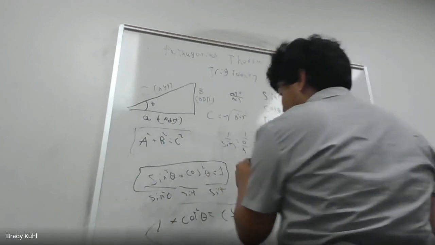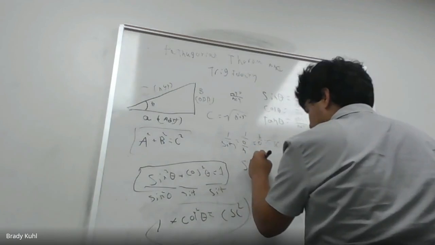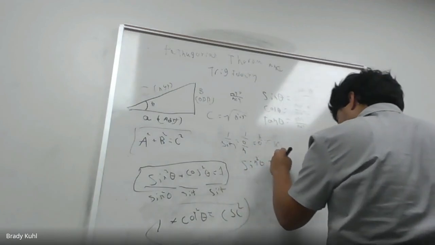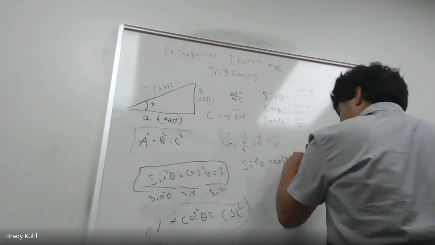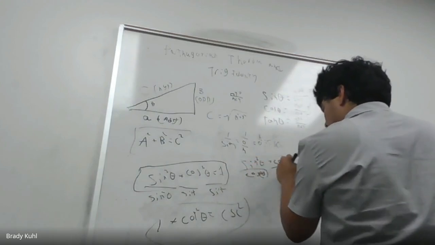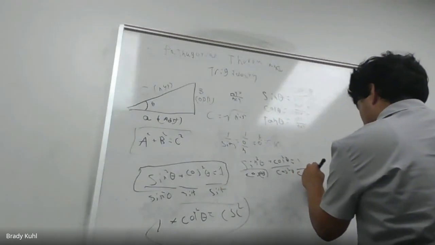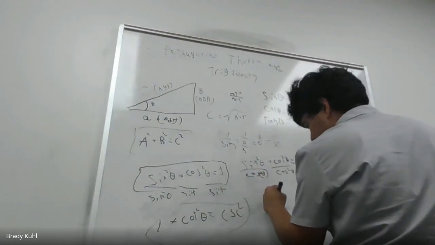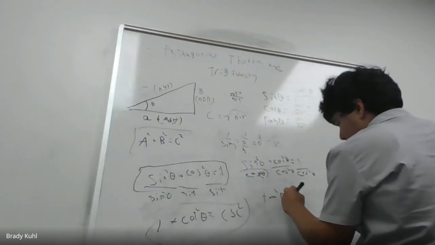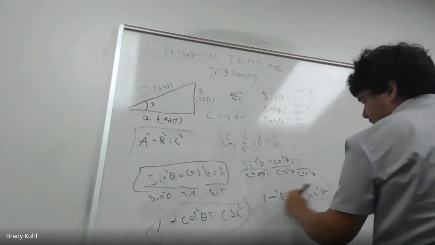Or if I divide everything by cosine squared, it becomes tangent squared theta plus 1 equals secant squared theta.